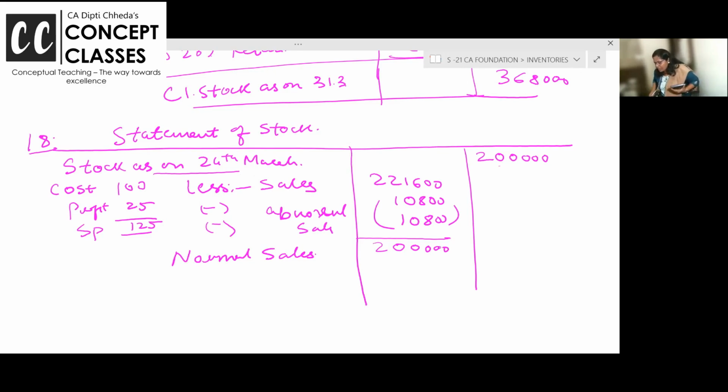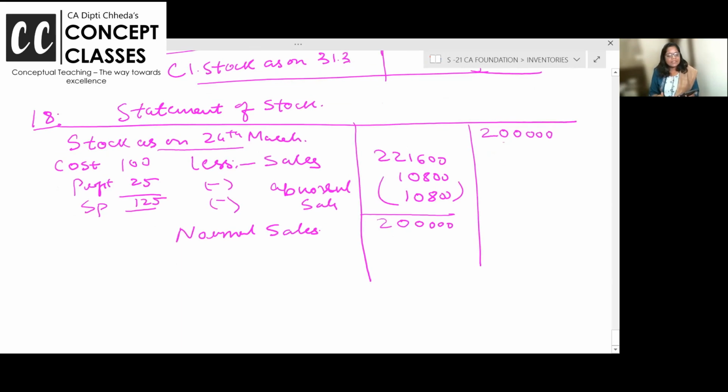Normal sales is 2 lakh. Why am I separating? Because the profit margin is not the same. So we are separating. Normal sales is 2 lakhs. All right, let's begin.